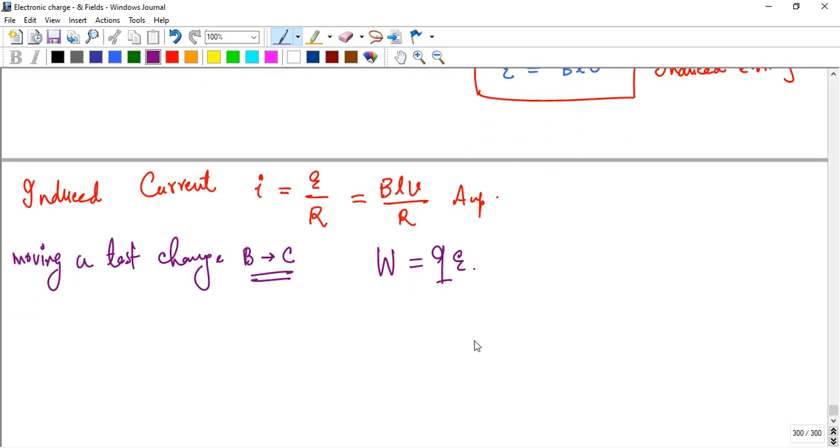Now that is a test charge, and we know the EMF equals BLv, in joules, to get the work done.